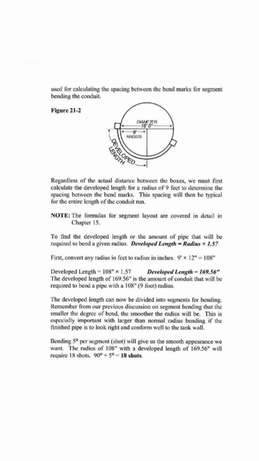The radius of 108, with a developed length of 169.56, will require 18 shots. 90 degrees divided by 5 degrees equals 18 shots. By dividing the developed length of 169.56 by 18, we get a spacing between bend marks of 9.42, or 9 3/8.